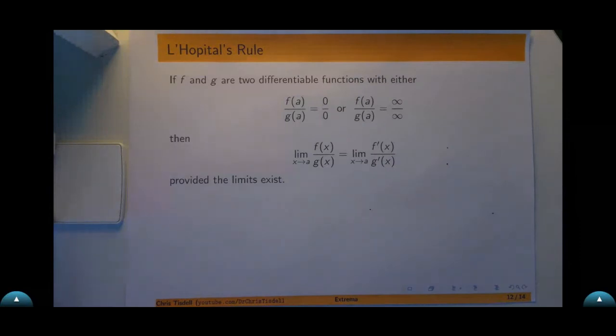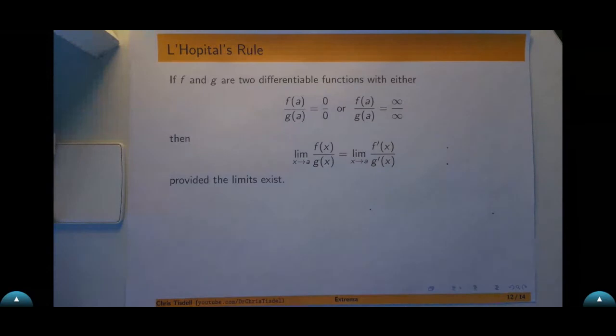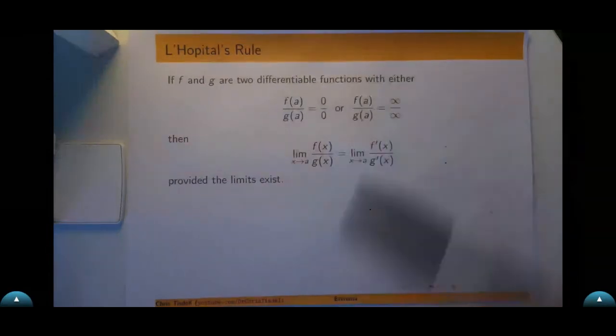All right, so L'Hopital's rule, it looks like L'Hospital's rule, but hopefully it doesn't cause any injury. This is a way of taking limits where you have these indeterminate forms, right?